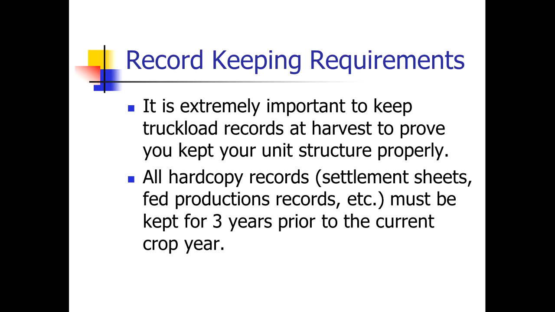Obviously, the settlement sheets aren't as critical because usually we can go get those back from the elevators. But if you sell to a private party, like a Hutterite colony or a neighbor or something, make sure you keep those records for each crop year, somewhere that are easily accessible. Most important, though, no matter what other kind of unit structure records you're keeping at harvest, it's important to keep these truckload records as a way to verify your unit splits.